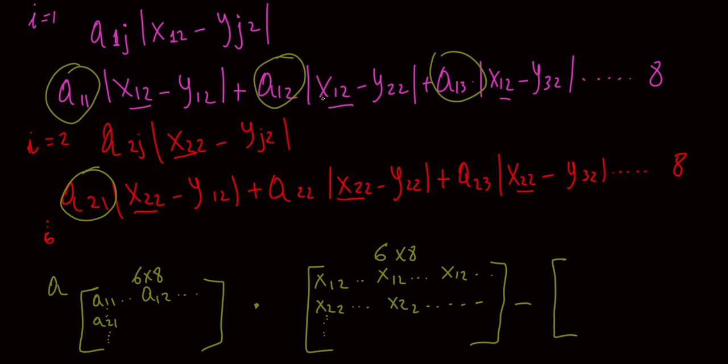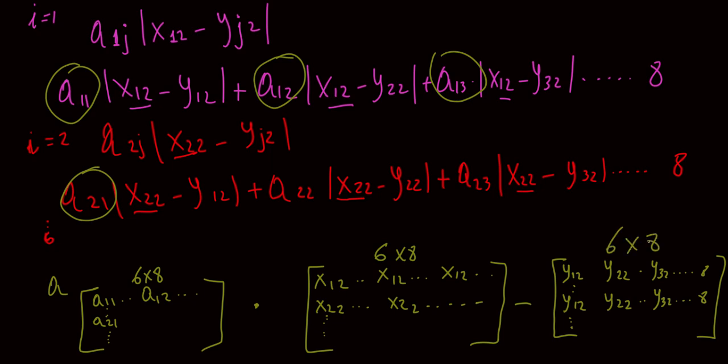This matrix is y12, y22, y32, up to 8. Similarly downwards we have the same vector, 6 times.